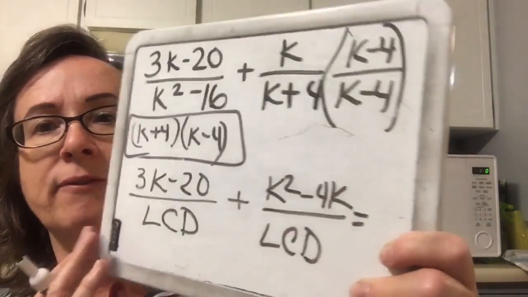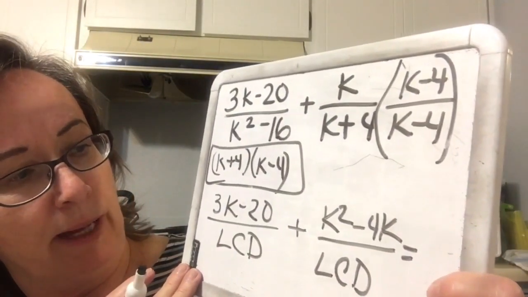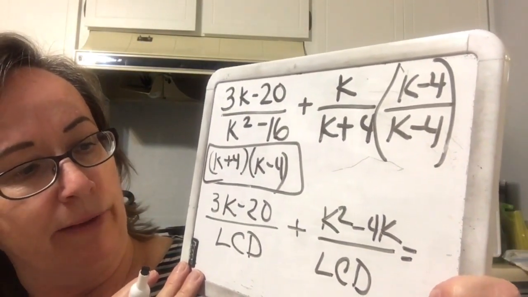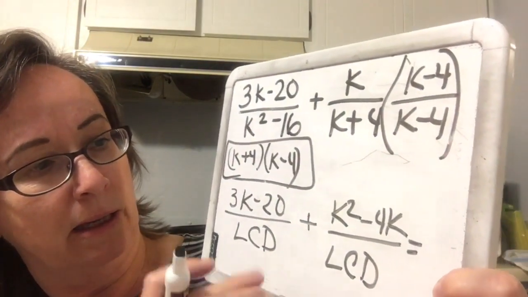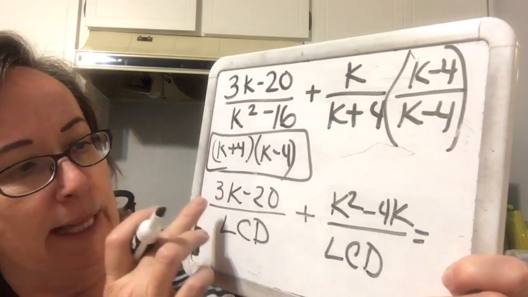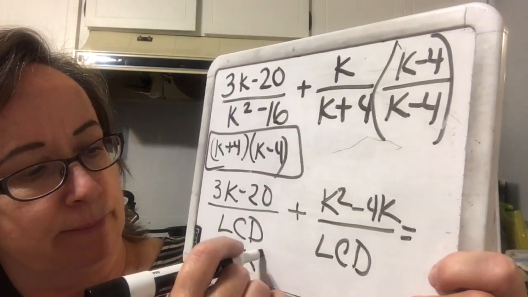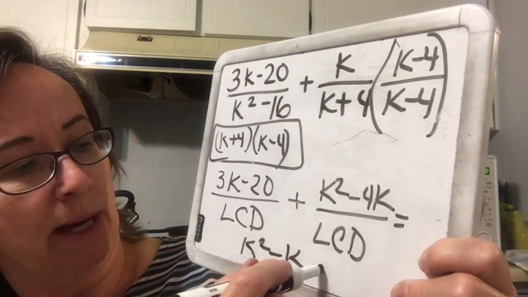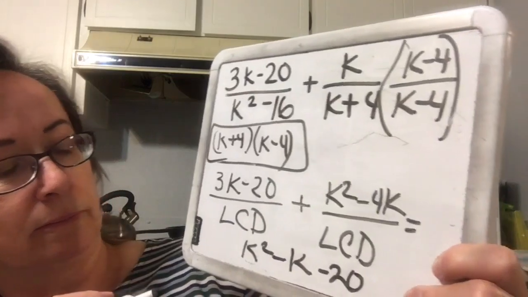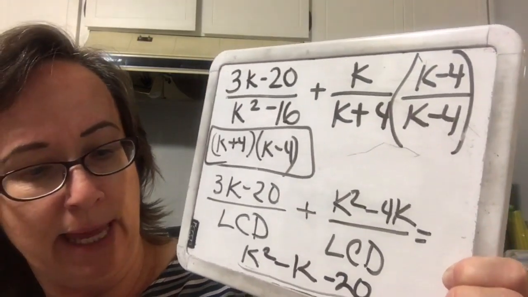So now, since I have everything over the LCD, I'm going to go ahead and do the math on the numerator, which is going to give me k squared plus 3k minus 4k. So I'm going to have a k squared minus k minus 20 all over the LCD, okay?